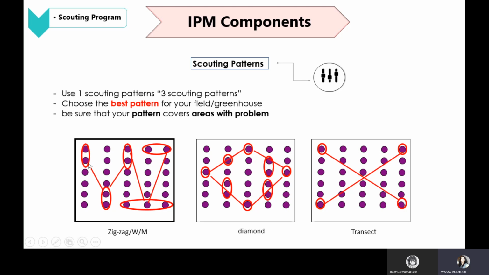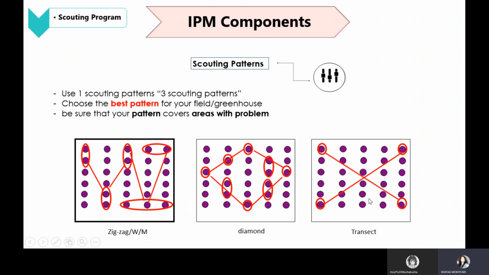This is a kind of zigzag. Another pattern is diamond, so you move from one place observing every crop which may have problems. You should not only see the pointed area, because the surrounding area may have something wrong and you would miss it. So keep visiting and observing in a diamond pattern.